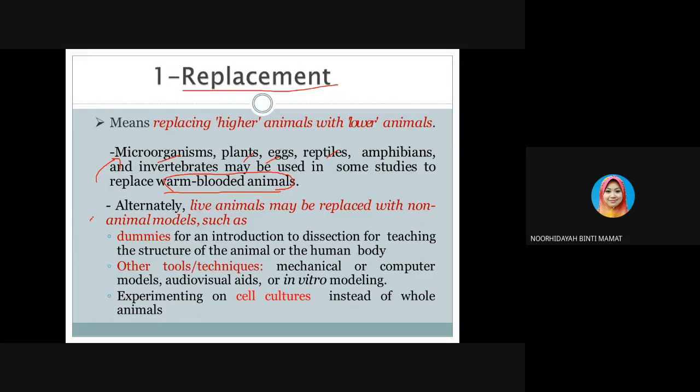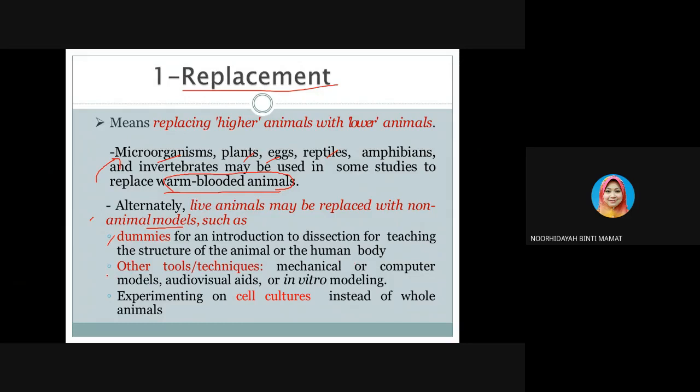The second one is that live animals may be replaced with non-animal models. For example, we use dummies for an introduction to dissection, for teaching the structure of the animal or human body.